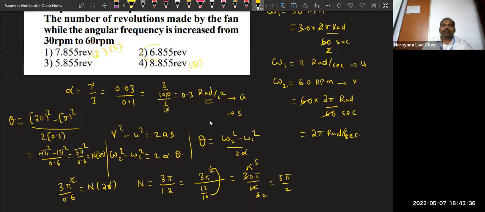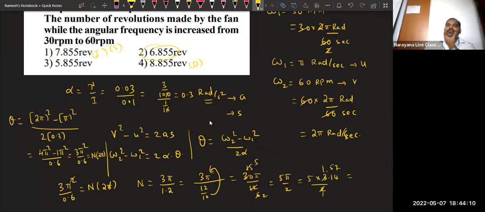Anyway, I saw the options are not in terms of pi, decimal places are expected. So pi is 3.14 divided by 2, which is 1.57.